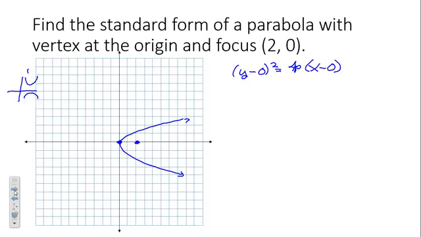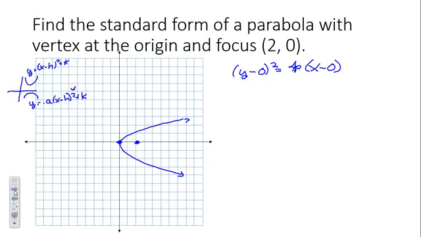And this was when y was equal to x minus h squared plus k, or y was equal to negative a times x minus h squared plus k. So the x has always been the squared term. The minute you realize that it's opening left and right, you know the y is the squared term. Up and down is x. Make sense? All right. So far so good?